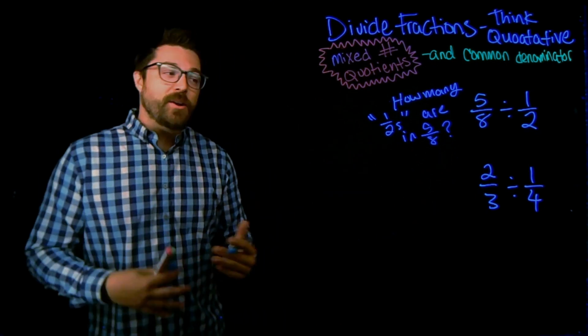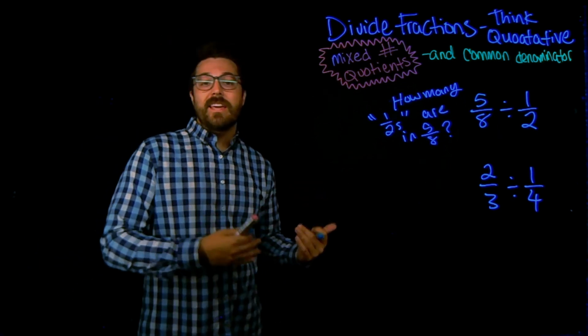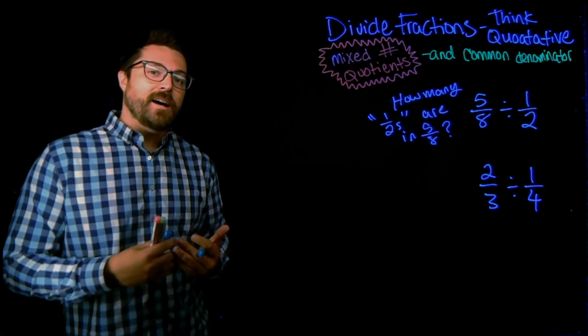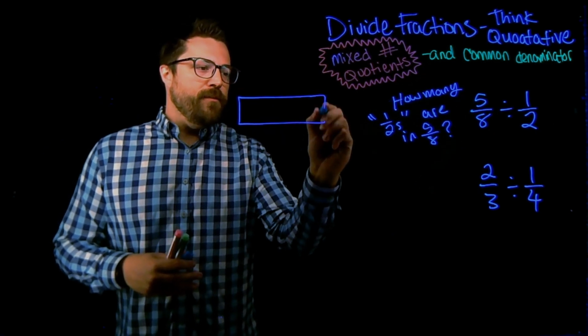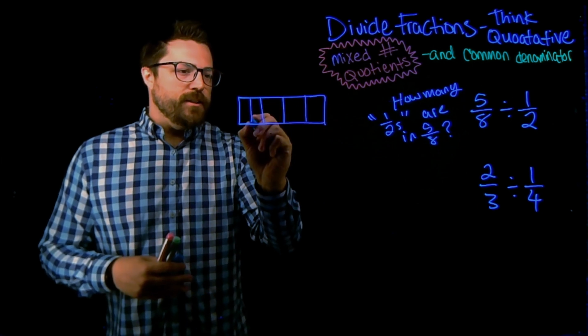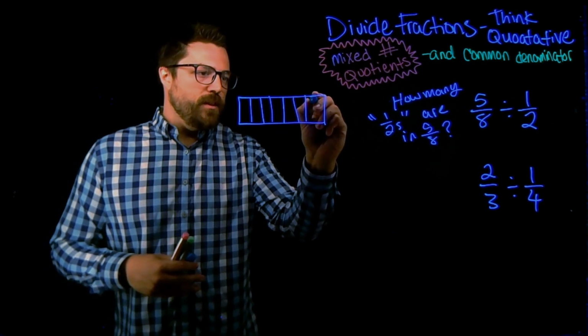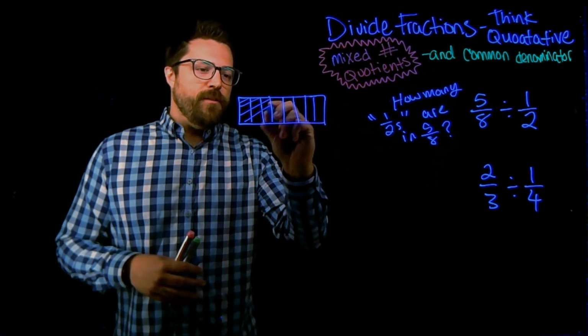And to answer that question, we're going to visualize it and show a bar model so that we can see how many 1/2s are inside of 5/8. So we'll start with 5/8. When I draw eighths, I like to start with halves and then fourths and then go to eighths. Just make sure everything is nice and even. So I'm going to show 5/8.